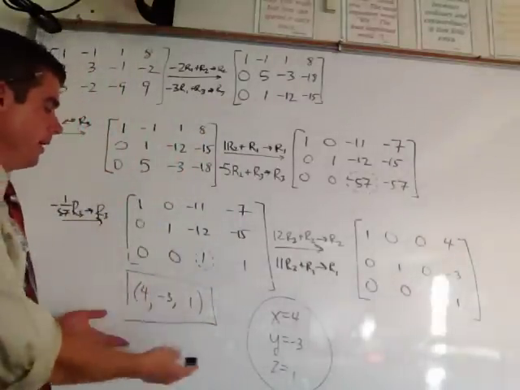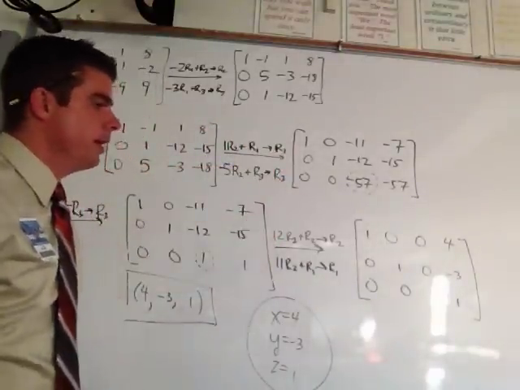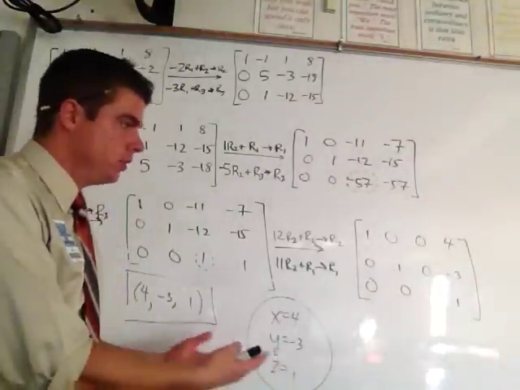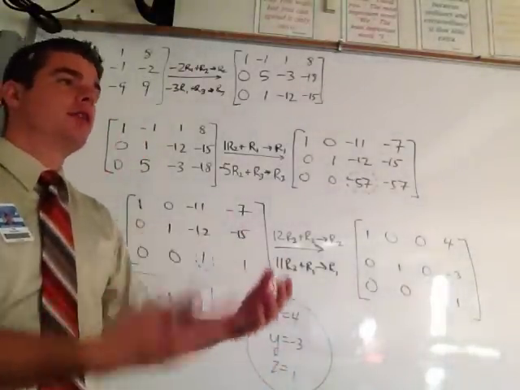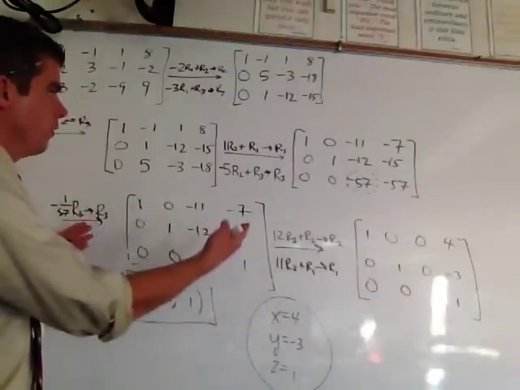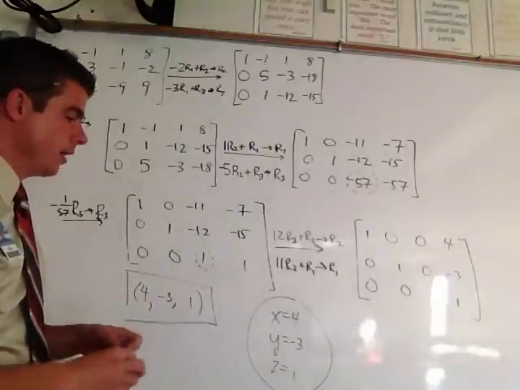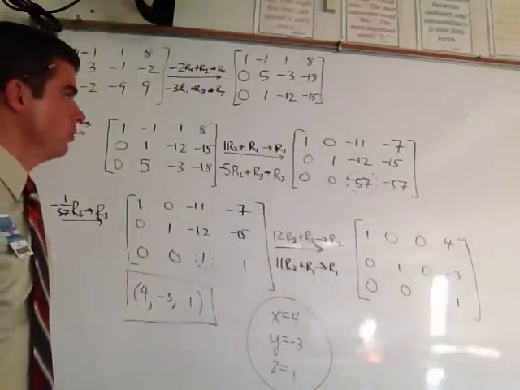So we will practice the process, we will practice the operations, but then obviously we won't always do them this way. We'll find other efficient ways to solve these, but this is one way to solve a system of equations using what's referred to as Gauss elimination, which you get to row-reduced echelon form.